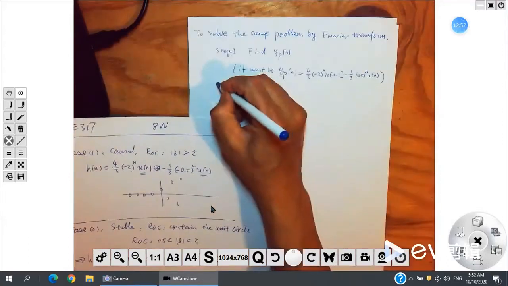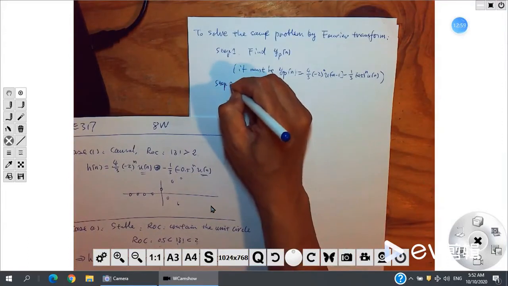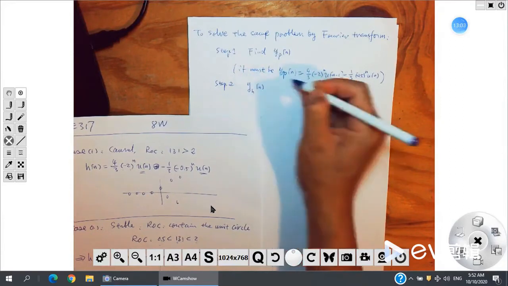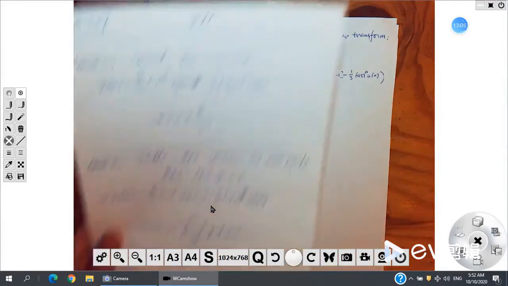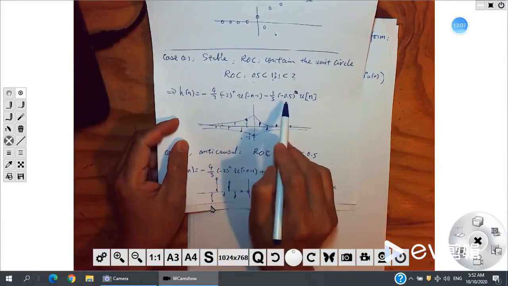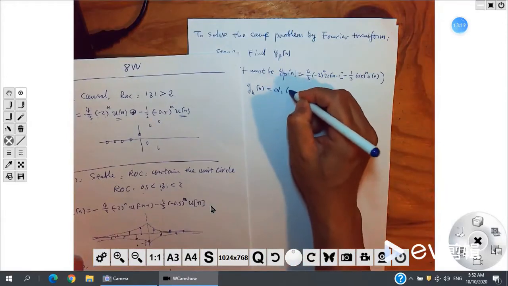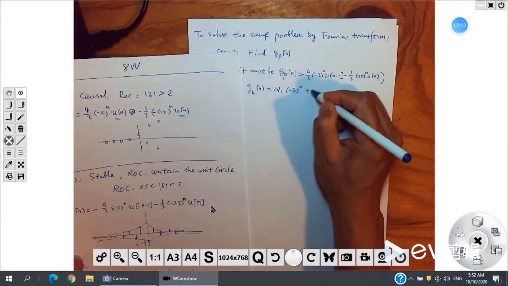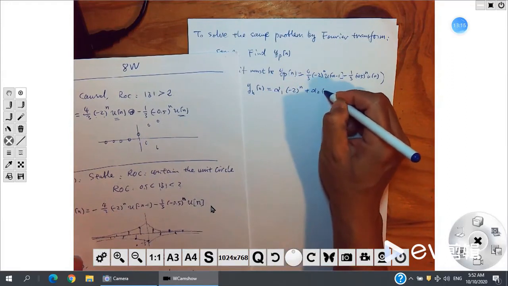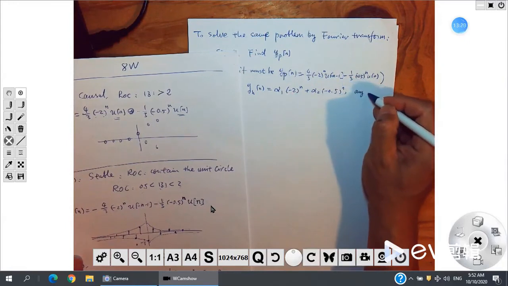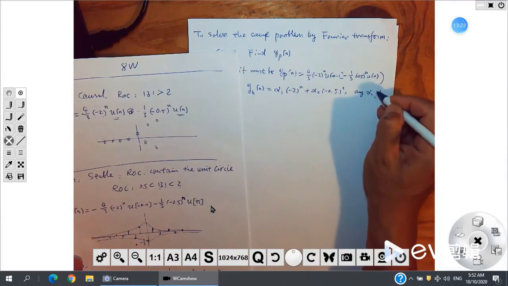And second one, find the homogeneous solution. And here we know they have 2 poles, right? They have 2 poles, -2 and -1/2. So that will be alpha1 times -2 to the n plus alpha2 times -0.5 to the n, for any alpha1, alpha2.